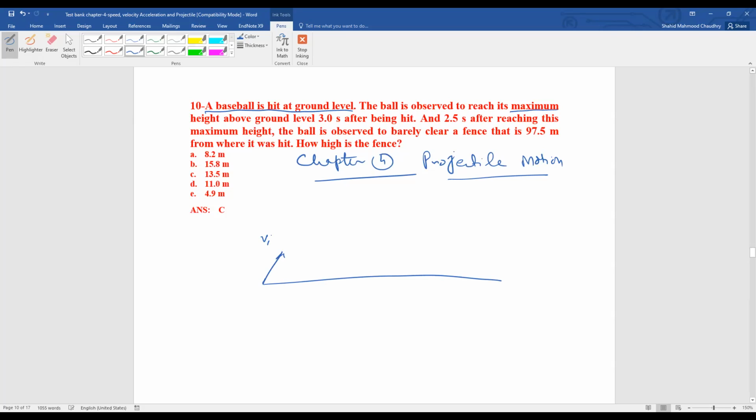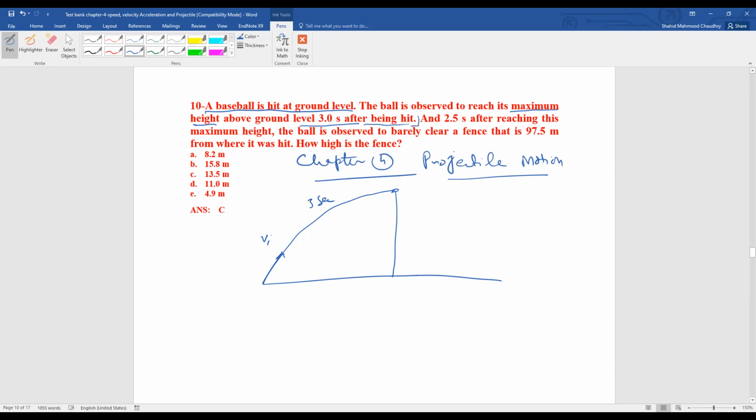These terms are important. Maximum height means the baseball goes up and then reaches its maximum height, 3 seconds after being hit. So it will take 3 seconds to reach this point, the maximum height.